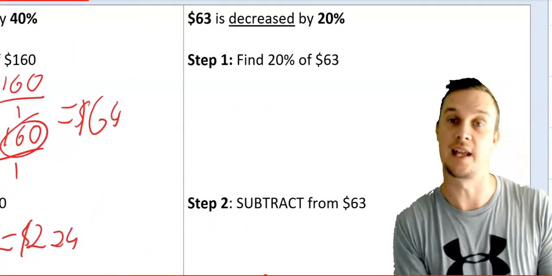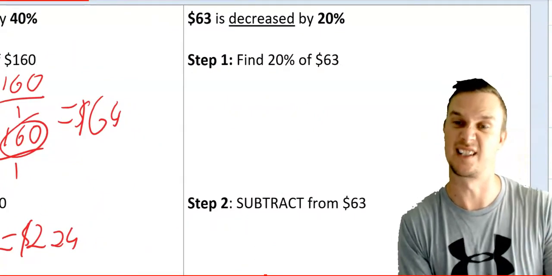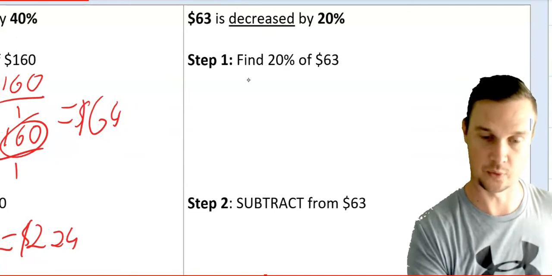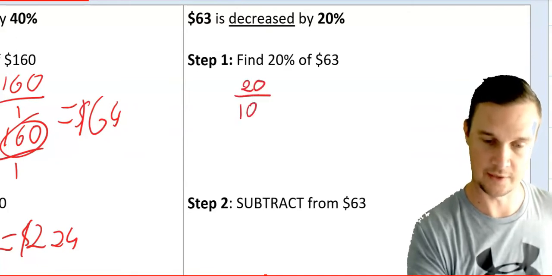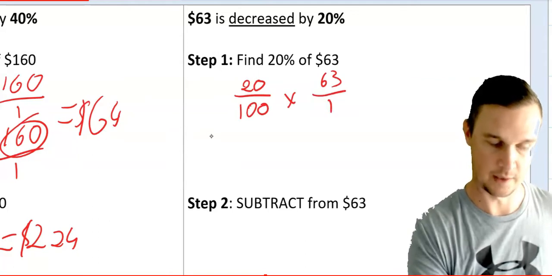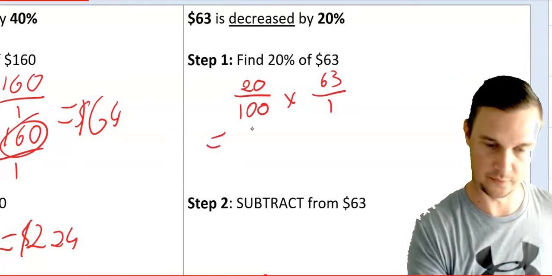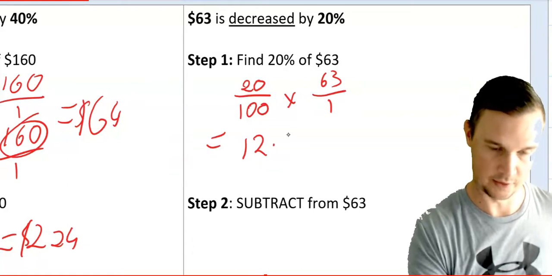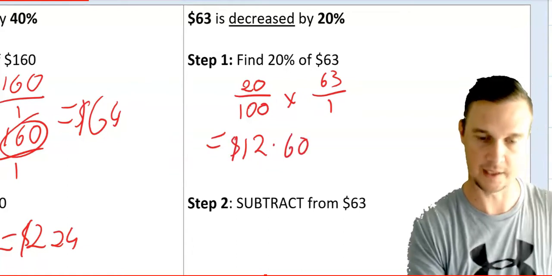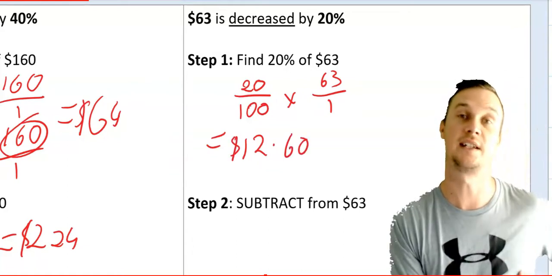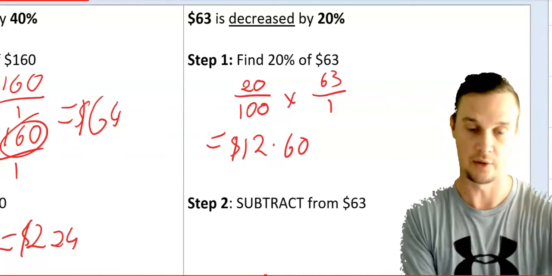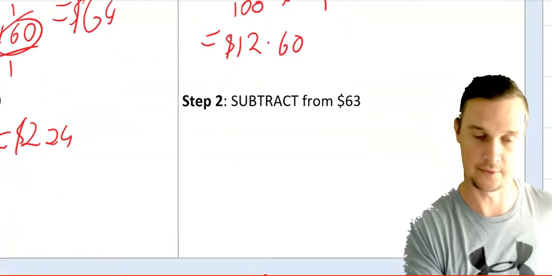If we look at what a decrease would do, I need to find 20% of $63, and it's decreasing. Firstly, I need to find 20%. Again, it's out of 100, and I'm multiplying that by 63 over 1. That will give me the answer of $12.60. Now that I have $12.60, which is 20% of 63, I'll finally subtract that from 63.